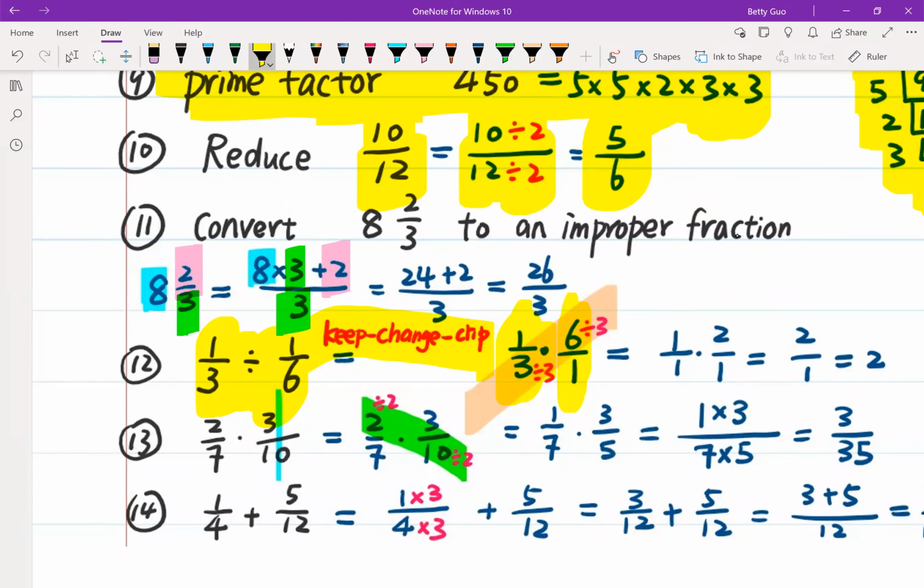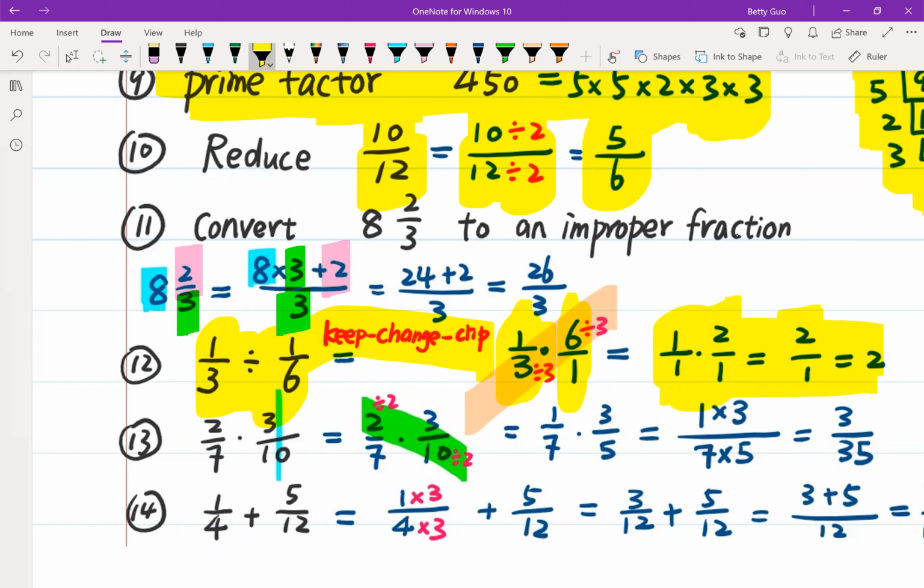And we can divide both 6 and 3 by 3. Then 6 becomes 2. 3 becomes 1. So the two fractions are simplified as 1 over 1 times 2 over 1. Multiply across, 1 times 2 is 2, 1 times 1 is 1. The result is 2.